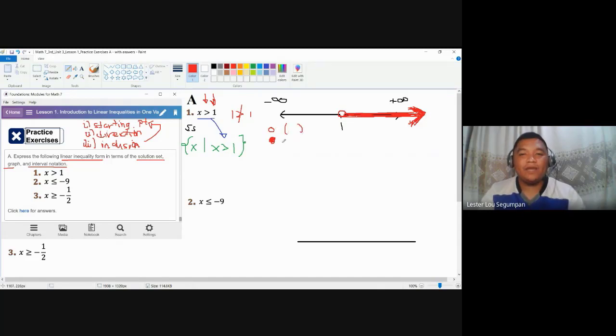If it's included, we are going to use brackets. Since it's not included, we are going to use parentheses here. But which of the parentheses? This one on the left or the right? We are going to use a parenthesis that is pointing to the same direction, I mean, the direction of the movement.